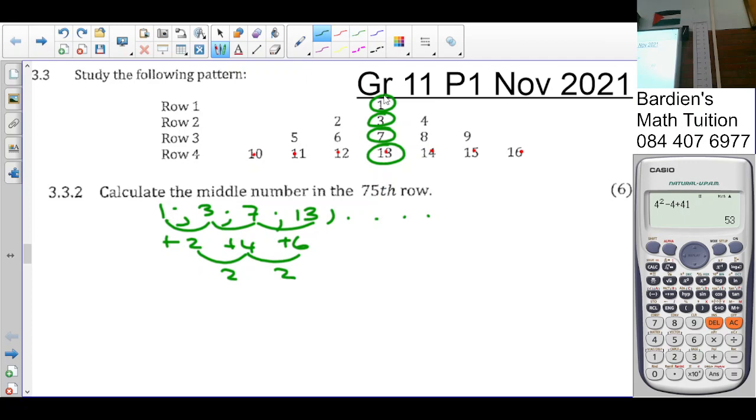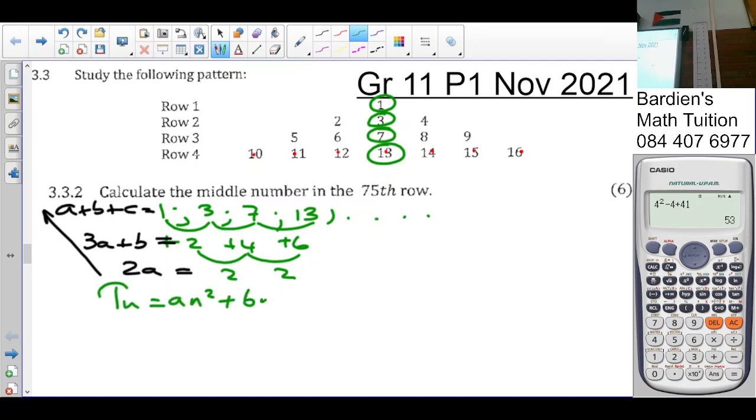So what do I write on the side here? 2a, then 3a plus b, then a plus b plus c, from the bottom up. Since it's quadratic, Tn is equal to an squared plus bn plus c. So we know that 2a is equal to 2, 3a plus b is equal to 2, and a plus b plus c is equal to 1.